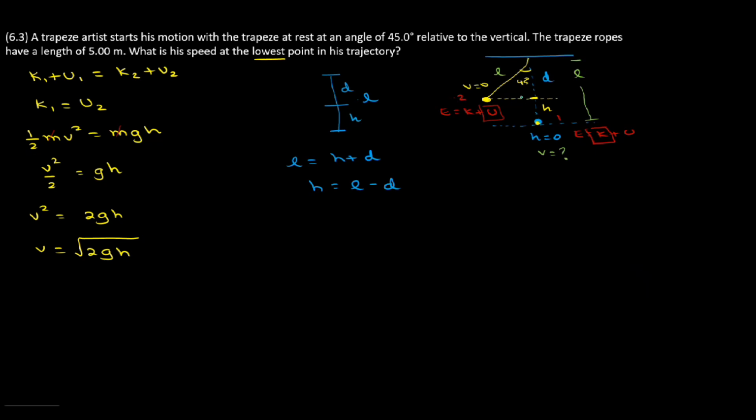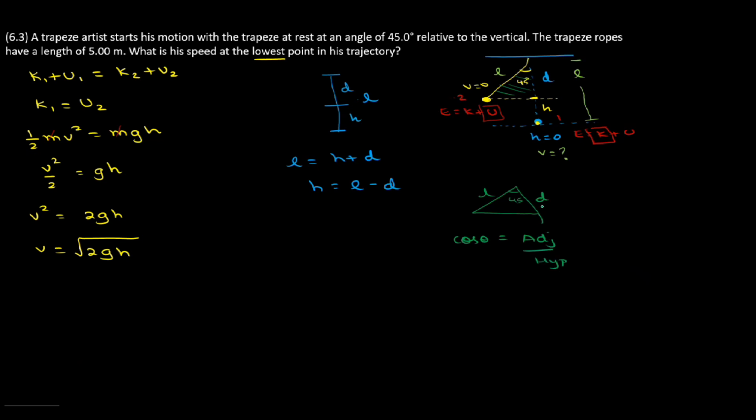Now, if I take this triangle, we will use trigonometry to calculate d. We have d at this point, L over here, and the angle here is 45. d is the side adjacent to my angle, and you can calculate the adjacent side using cosine theta. So cosine theta is equal to the adjacent side over the hypotenuse.